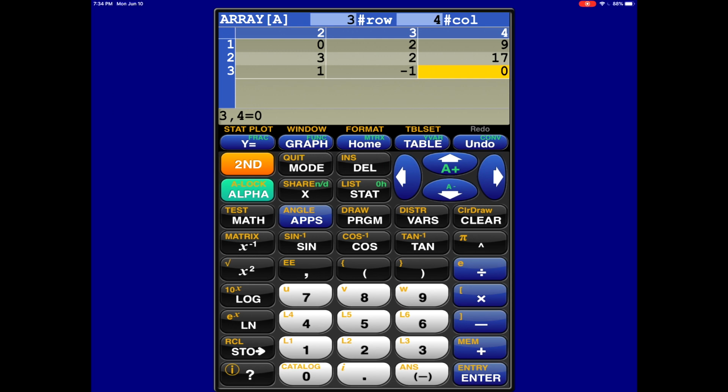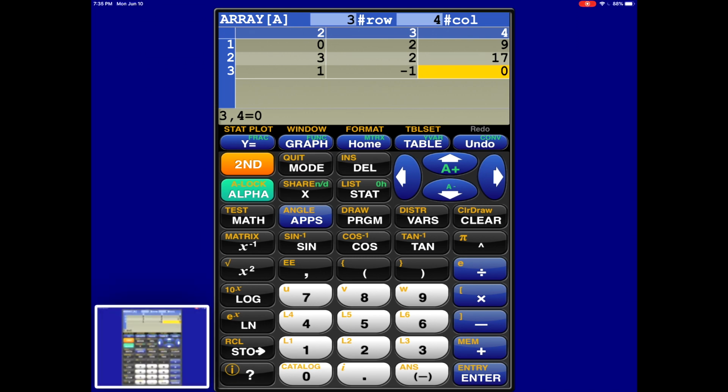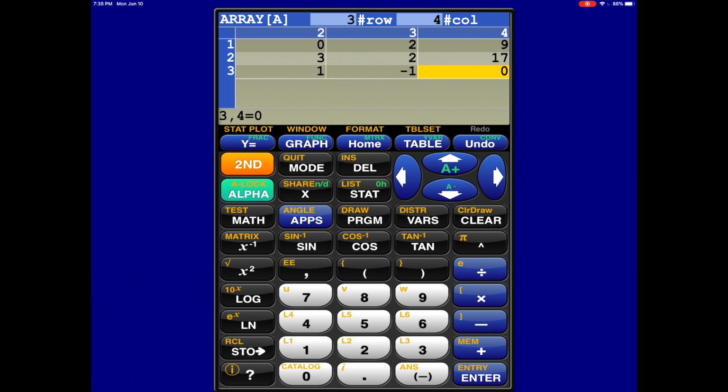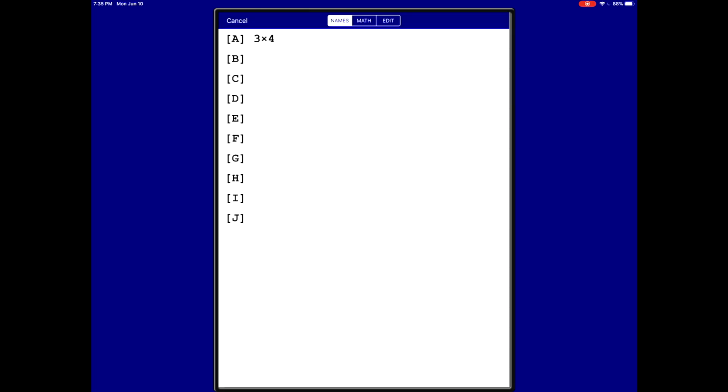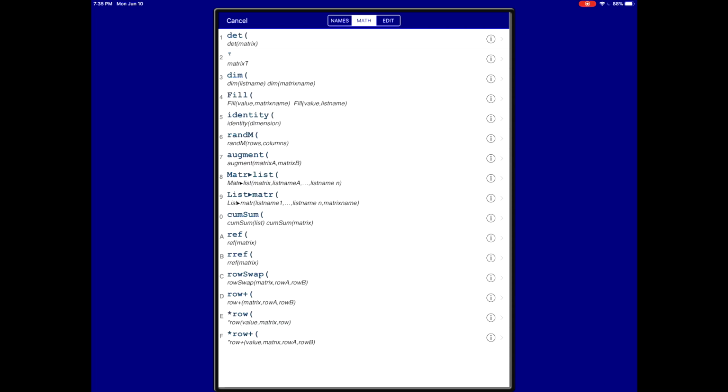So once you've got that done, you quit out of the edit menu, right? So here, just second quit takes you out. Now we want to go back into the matrix menu. Now we're going to do math on our matrix. So there's all these things you're going to have to scroll down on your calculator. I want RREF, so I'm going to pick RREF.